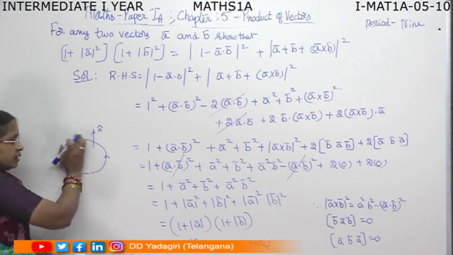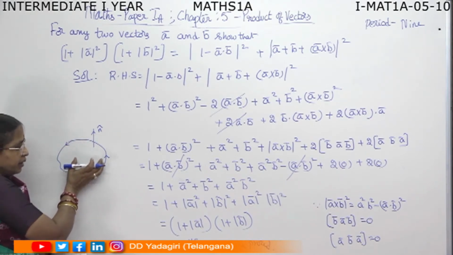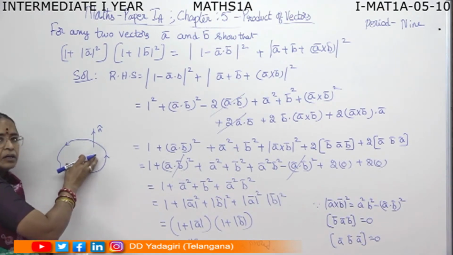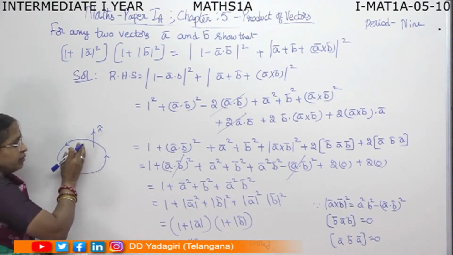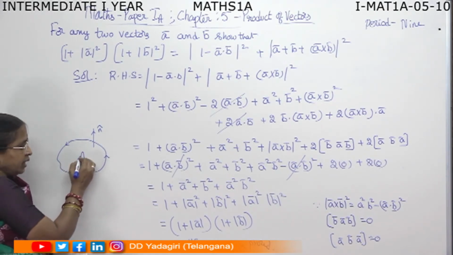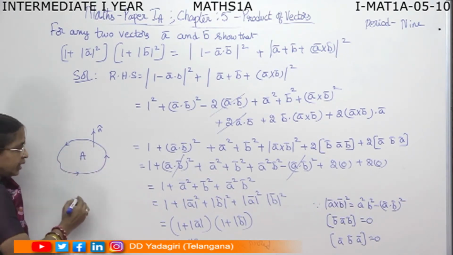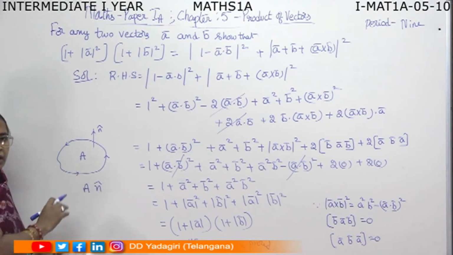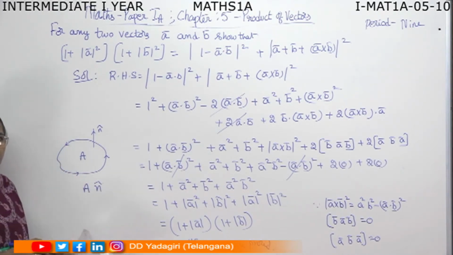When the boundary is in the clockwise direction and n cap is the unit vector perpendicular to the plane of this region, and the magnitude of the area is A, then we define the vector area as A into n cap, and we have some formulae. We'll learn those formulae in the next period.